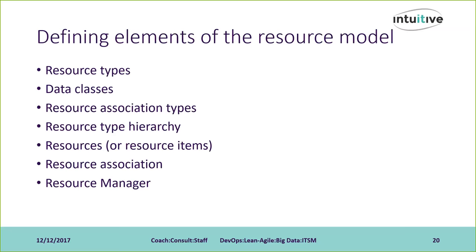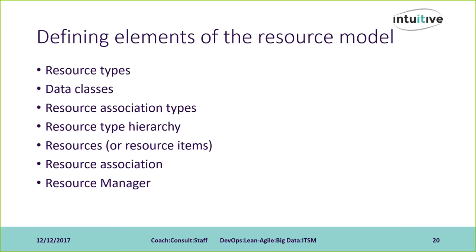Elements that make up the resource model include resource types, the data classes associated with those resource types, the resource association types themselves, so how we associate two resources, the type of hierarchy between resources, the resources themselves, so at the highest level, the resource item, resource associations, and finally the resource manager. We're going to go through each one of these in a little more depth in the following slides.